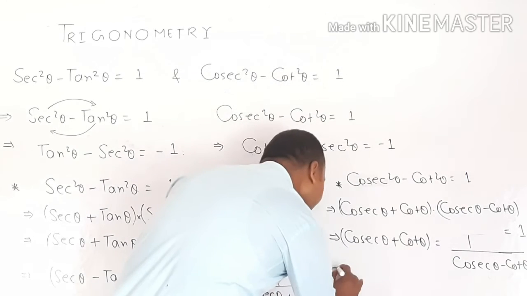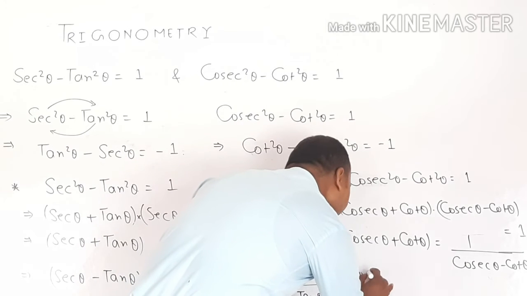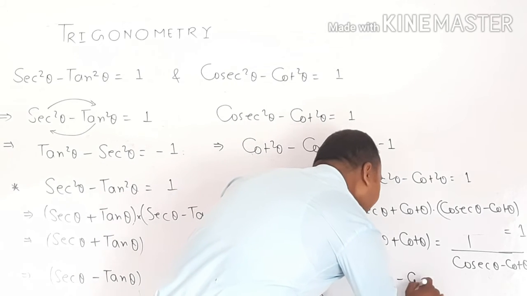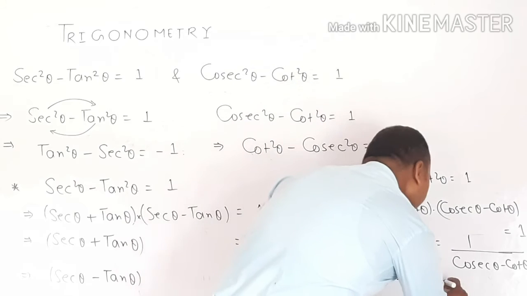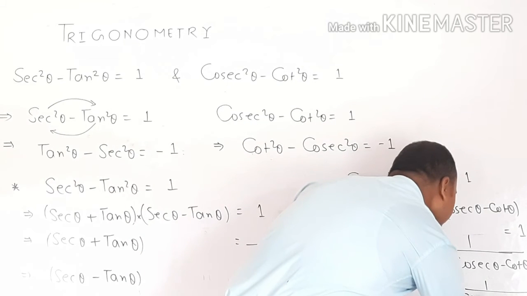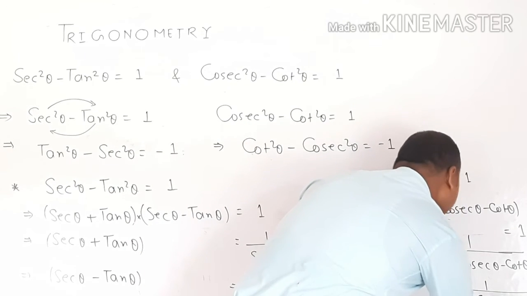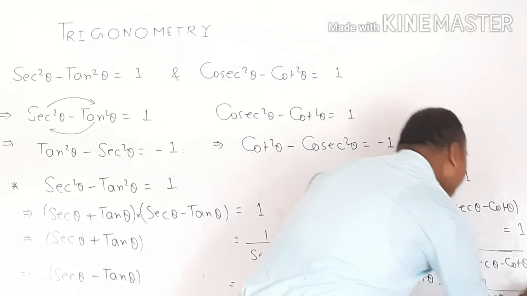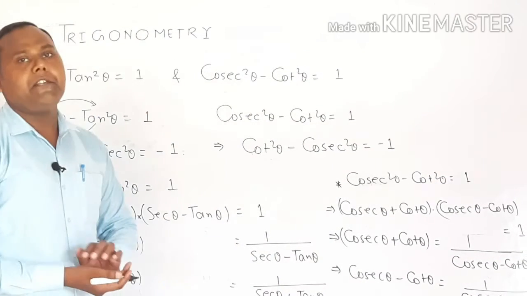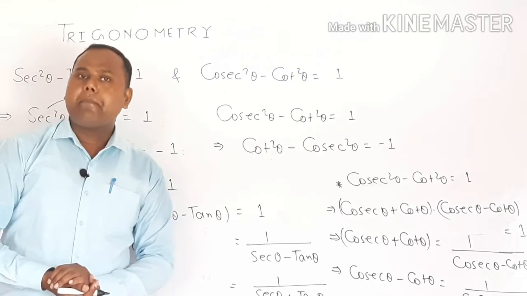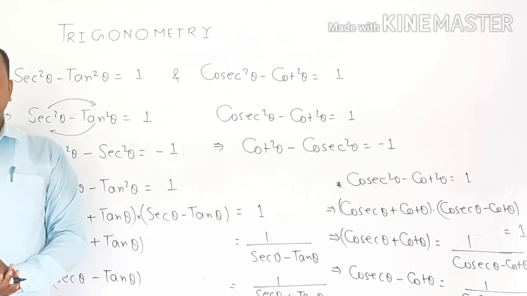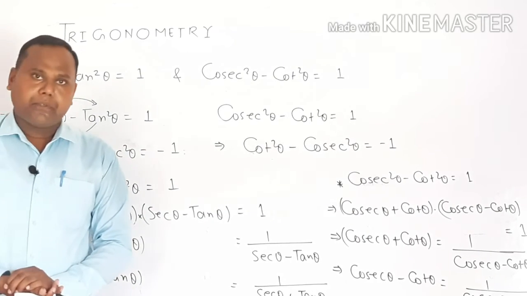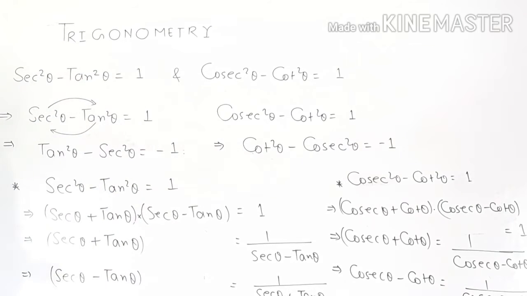As well, we can also write cosec of theta minus cot of theta will be equal to 1 upon cosec of theta plus cot of theta. These results are very important while solving critical type of identities and proofs. So you can take a screenshot.